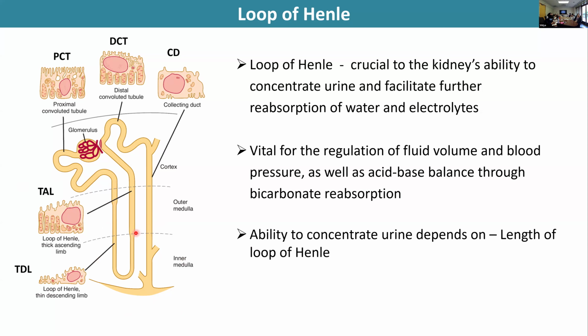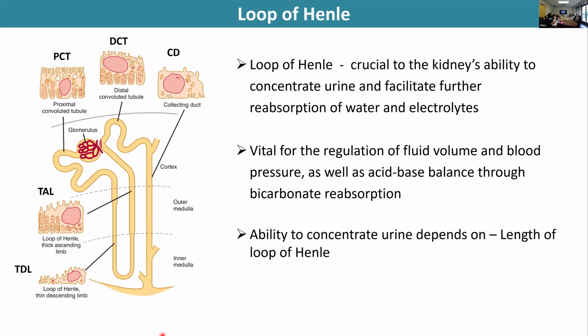For example, aquatic organisms like fish or other aquatic animals don't need to conserve a lot of water, right? So in those, the loop of Henle is shorter, or even fishes, I suppose, don't have a loop of Henle.